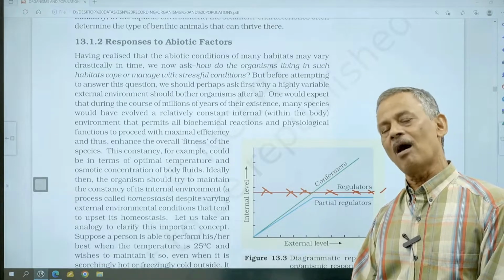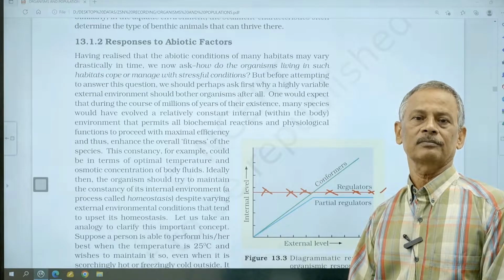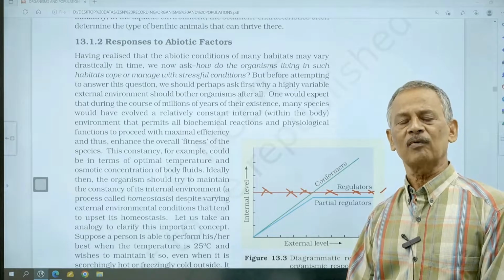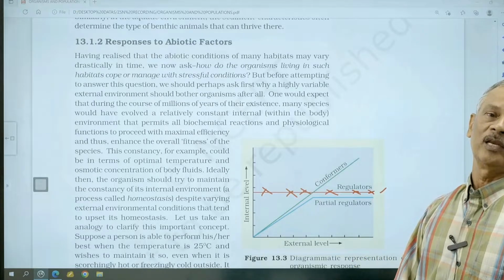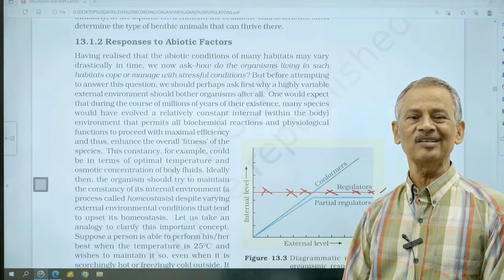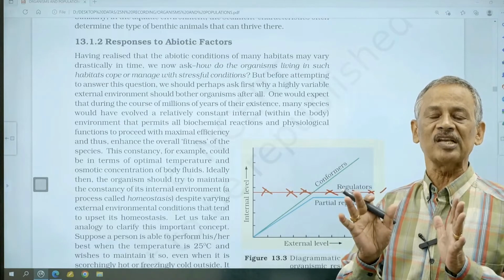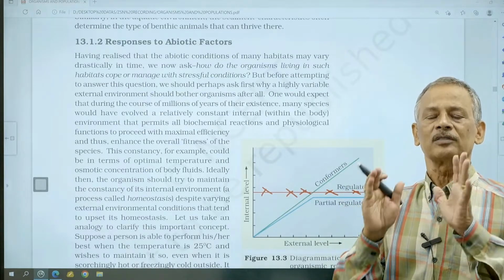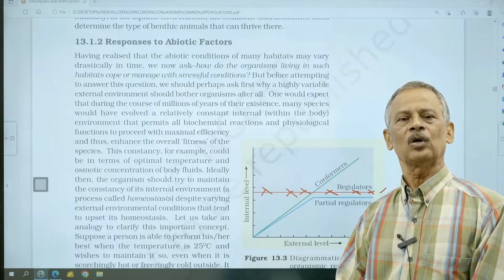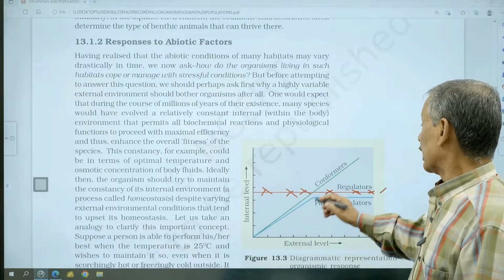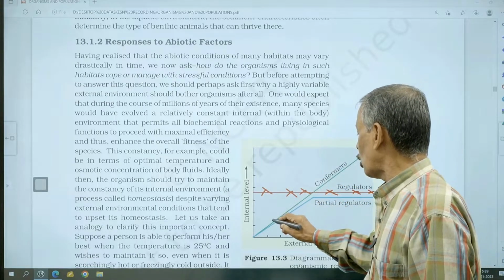In all others, we are having a constant level of water and salt maintained. In Myxine and in all invertebrates and all plants, there is no consistency in the water, salt, temperature, etc. in the body. Okay, so their body conditions go on changing.